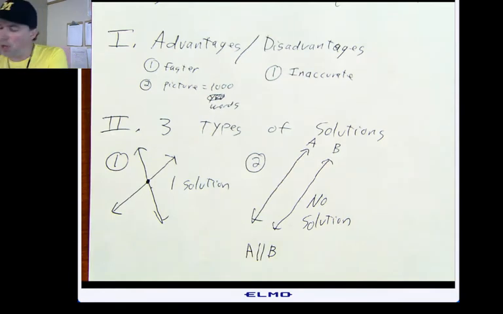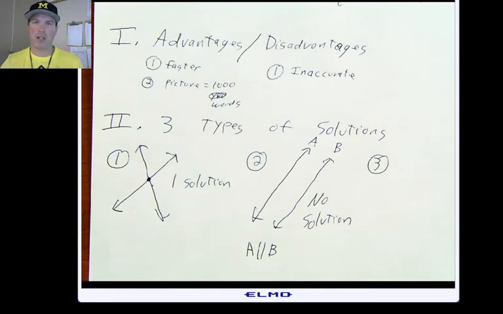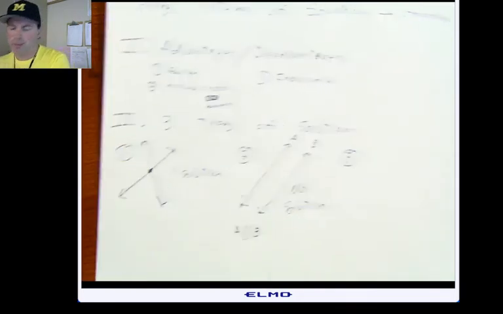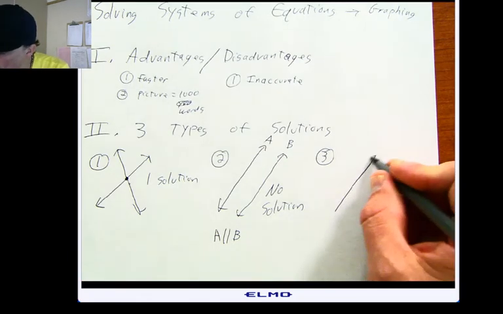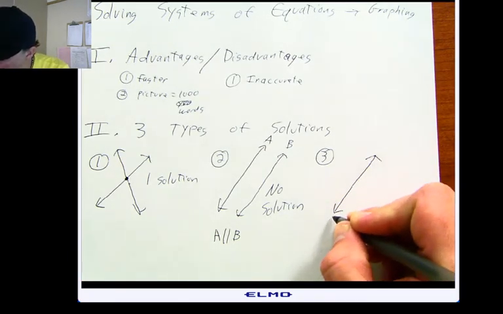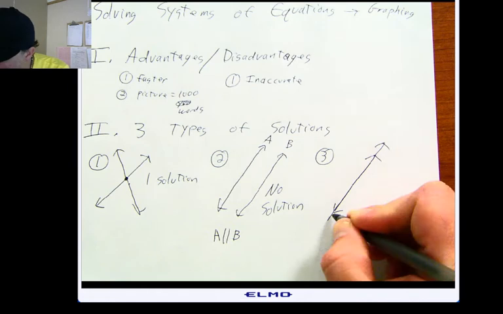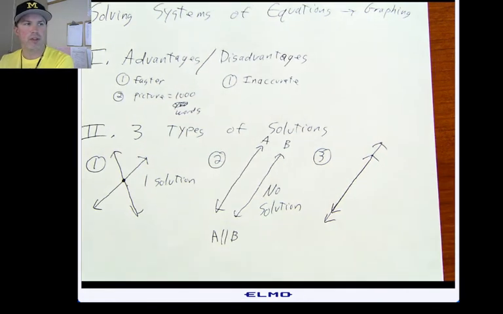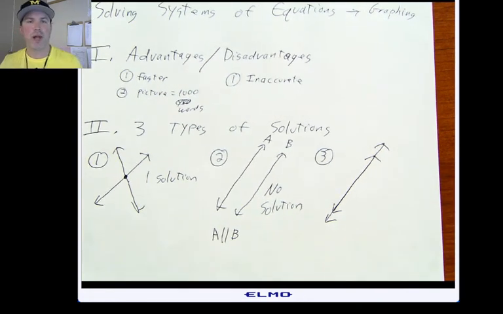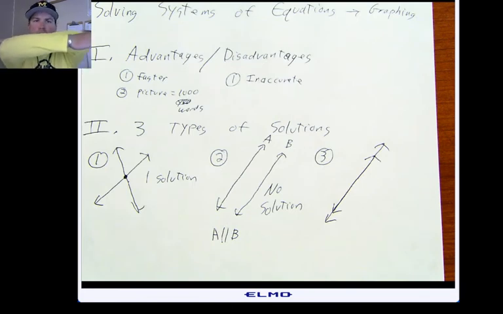Now, the third situation is if they don't intersect once and they're not parallel. The third situation is when the 2 lines are actually the exact same line. So when you graph the two lines together, they completely overlap.